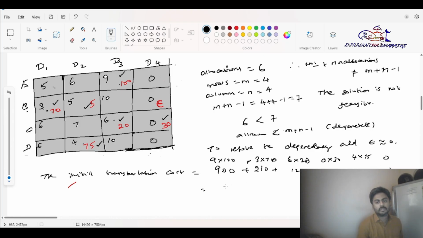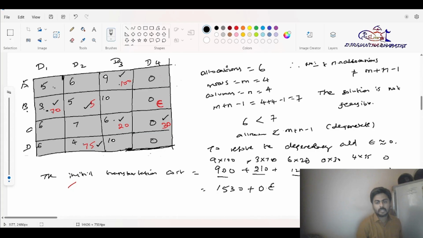So this is equal to 900 plus 300 is 1200, 1400, 1500, 1530 plus 0 epsilon.